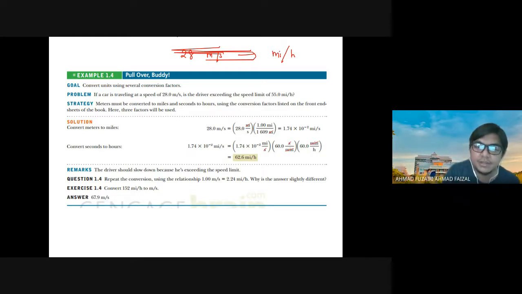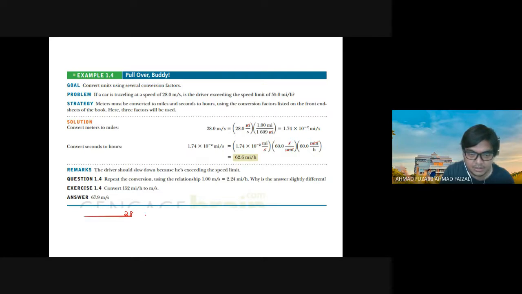28 meter per second. When you want to do some cancellation, every time you see the units, for example 28 meter per second, you must put the per second part at the bottom.